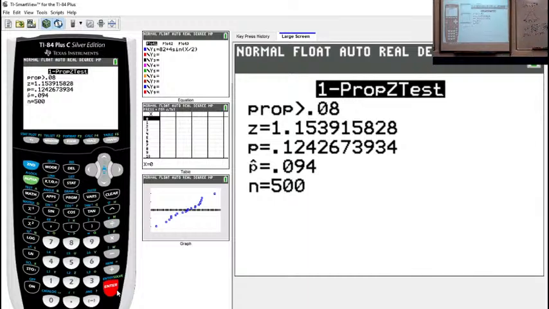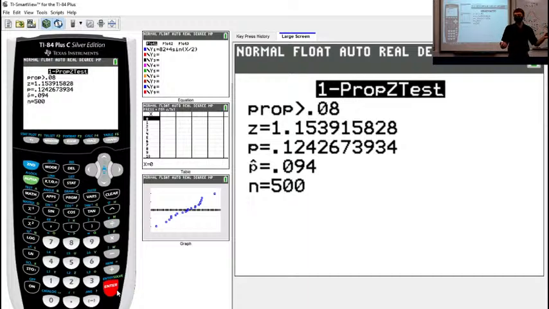Okay. So in this case, when we use P, we are defining it to be the proportion of all the potatoes that have blemishes. That's P. P naught is a specific number for the null hypothesis. In this case, it was 0.08, because the null hypothesis says that P was 0.08.